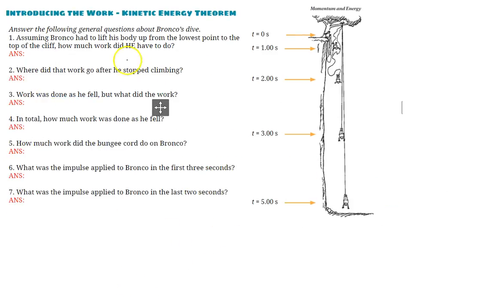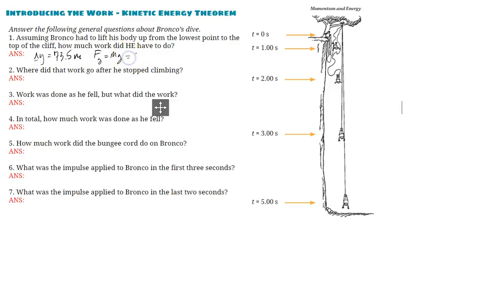Okay, so here we are on slide 3, and this should be pretty easy to figure out at this point. How much work did he have to do to lift himself up? Well, we know now how high he went, right? So his displacement upward is 73.5 meters. And we know how much he weighs, which is how much he has to lift himself up, because we can take his mass and multiply it by 9.81.